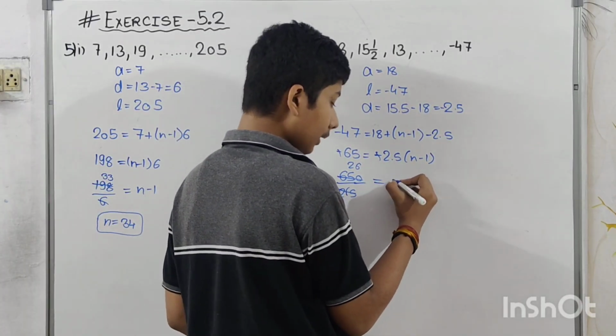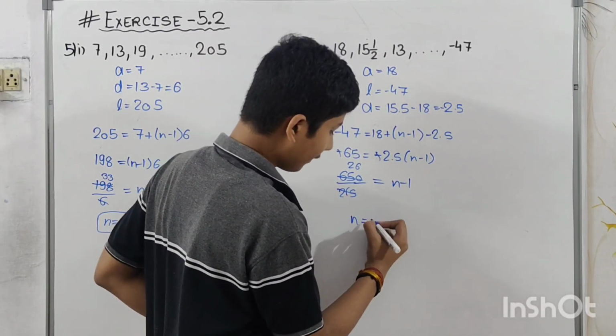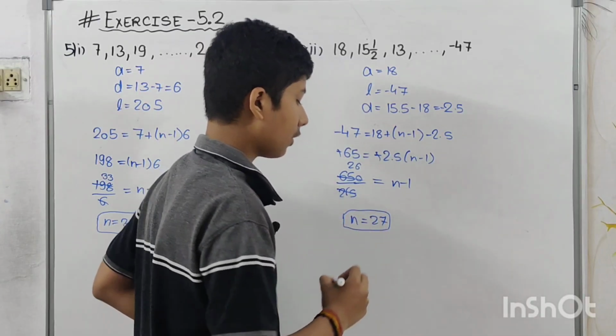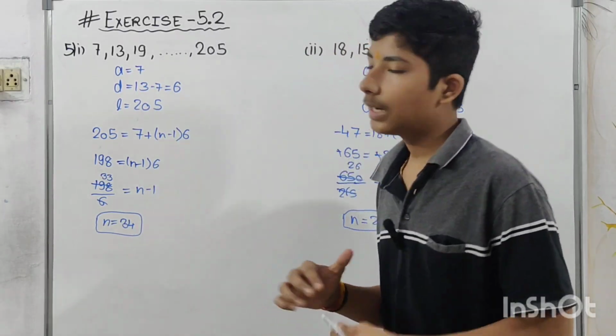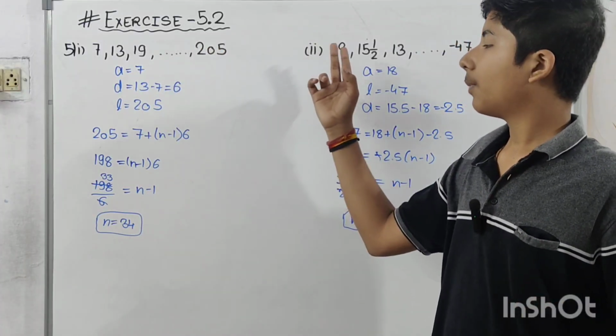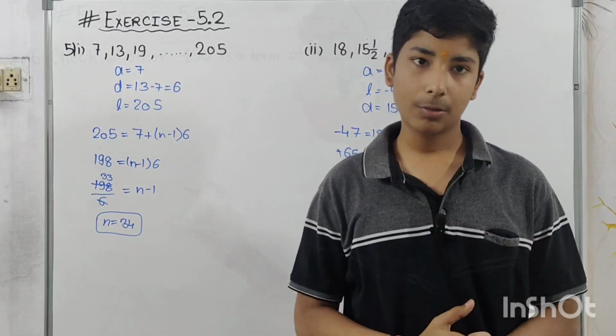Now n minus 1 is 26, so the value of n will be 27. I hope this is clear. This was the fifth question with its 2 parts, 1 and 2. Now we will continue with the sixth question.